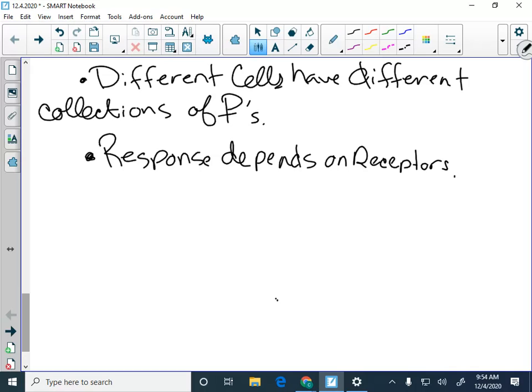But our brain cells respond in a more electrical potential kind of thing, and our heart cells respond with a pace increase, right? Different responses, different types of cells, same signaling molecule. So, yes, the response depends on the receptors, but we can also have the same receptor protein, but differences in the proteins in the cascade will give us different responses.